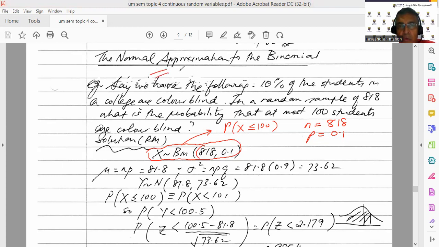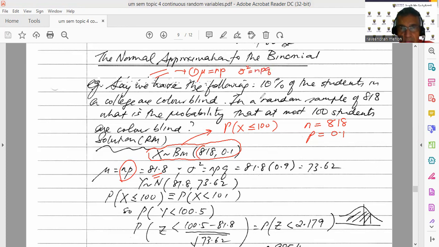To use the normal approximation, number one, you need mu. What's the mean of the binomial distribution? np. So work that out first. n is 818, p is 0.1, you'll get 81.8. Then you need the variance, which is npq.